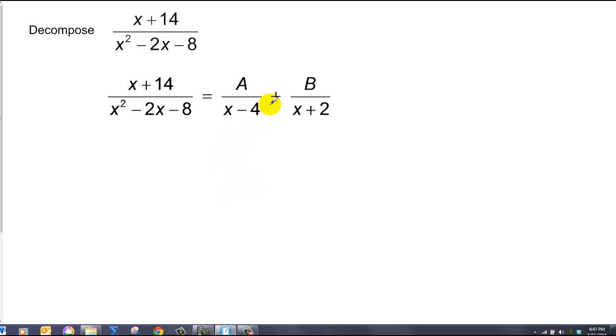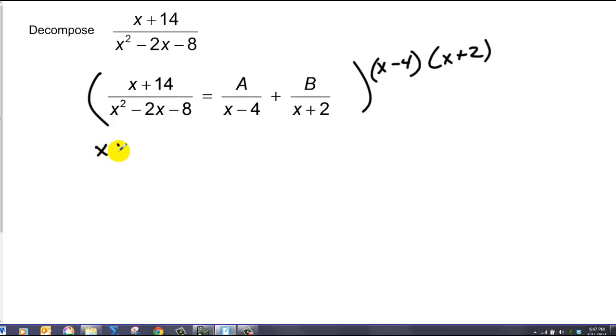Now, if I want to solve for a and b, what I'll need to do to both sides is multiply by the common denominator, which is x minus 4 times x plus 2. In doing that, you'll notice the denominator on the left side goes completely.